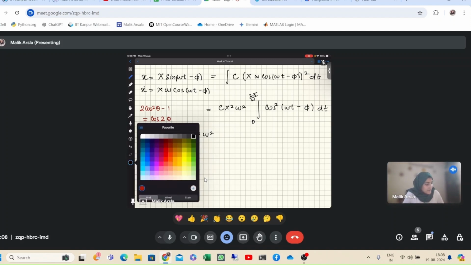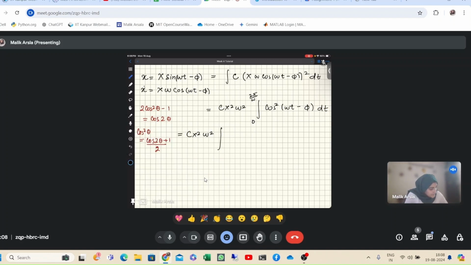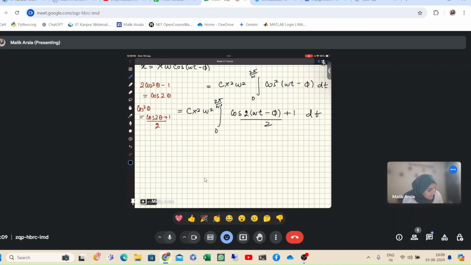So this we will directly put here. This will be cos square of omega t minus phi, we can write it as cos of twice omega t minus phi plus 1 divided by 2 into dt. And yes, now it will be c X square omega square.